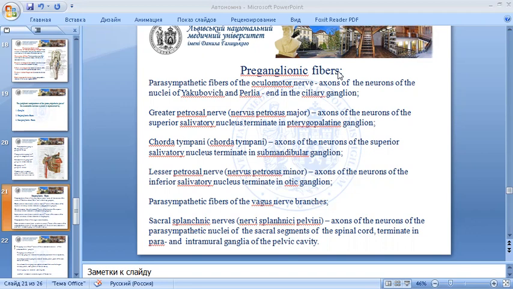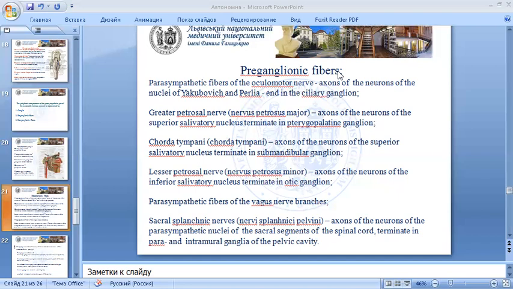The parasympathetic fibers of the vagus nerve branches are also preganglionic fibers, which terminate in the intramural and paramural ganglia of the thoracic, abdominal, and neck cavities. The last preganglionic fibers are the pelvic splanchnic nerves, nervi splanchnici pelvini.